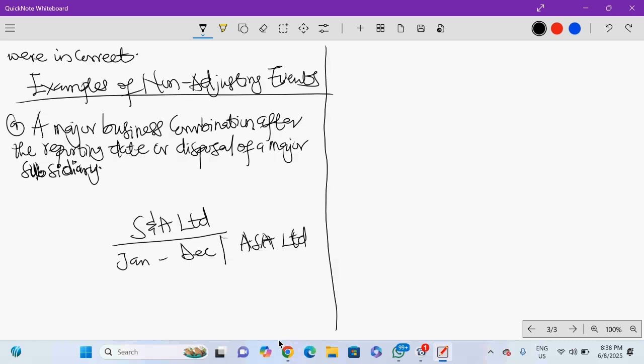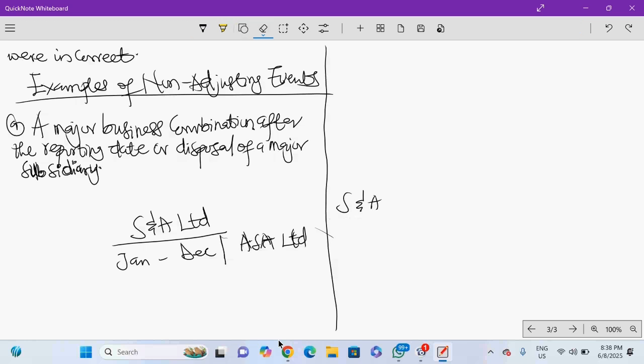So S&A acquired ASA Limited, so ASA Limited is under us. Now, if we are preparing our financial statement, it will be S&A Group. It will not be S&A Limited because we've now acquired another entity. So this S&A Group has ASA information in it because you have acquired it, right?